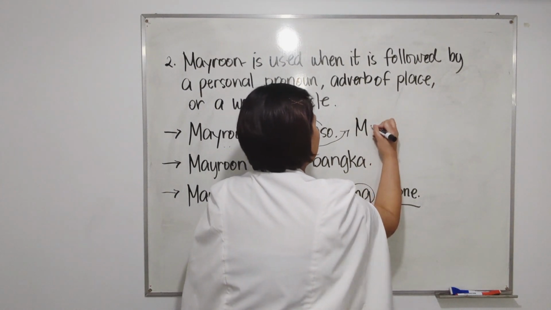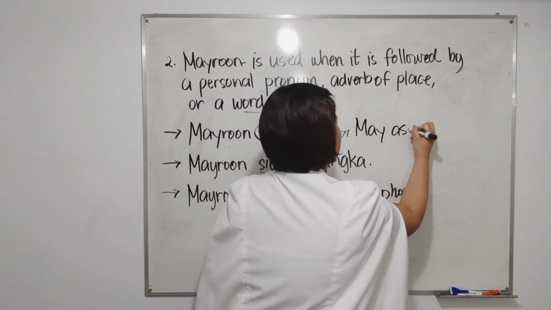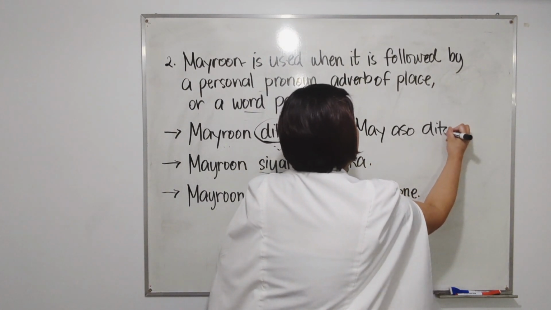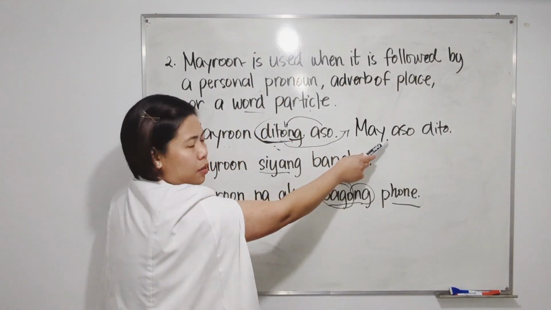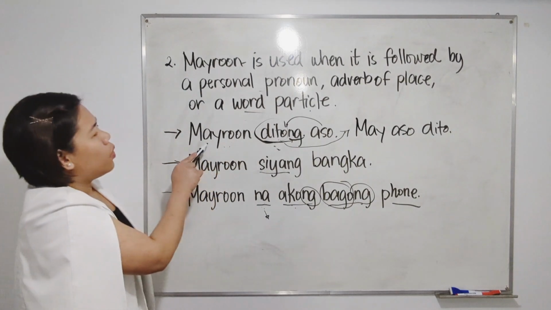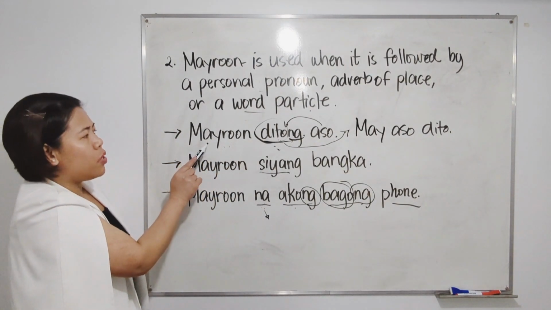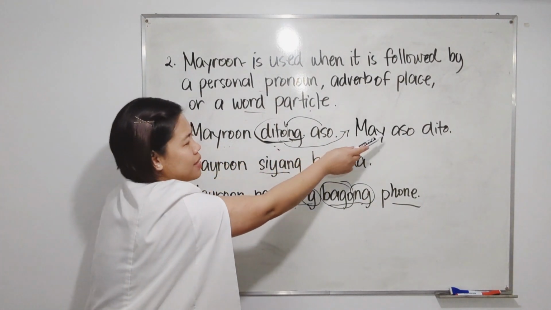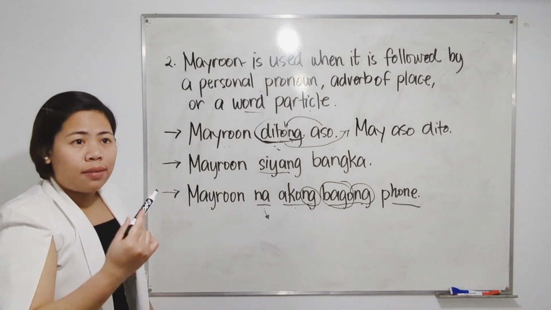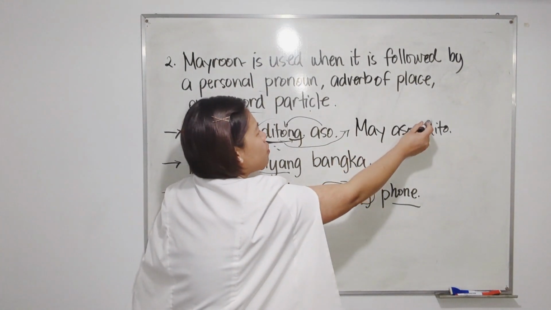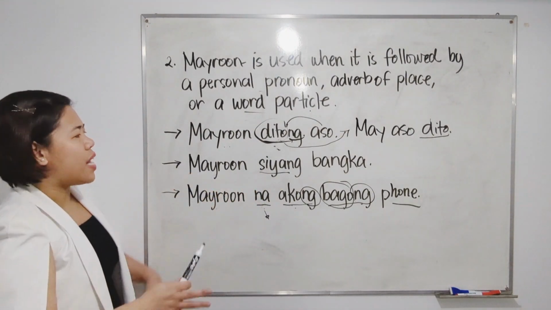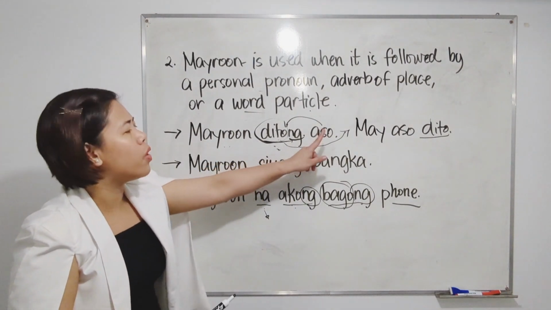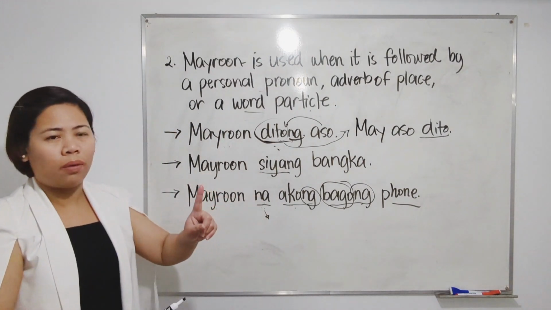May aso dito. Your aso became the second word, so you will not use mayroon anymore. You are going to use may, because aso is a noun, and then your adverb of place became last. So you can say meron ditong aso, or you can say may aso dito.